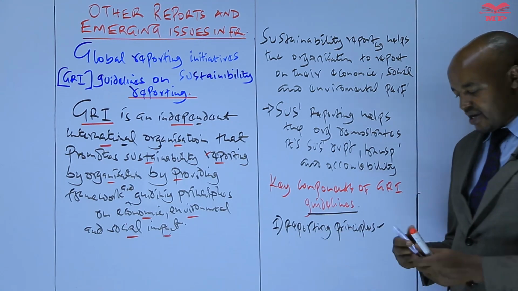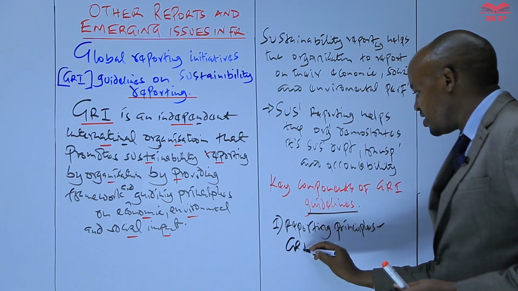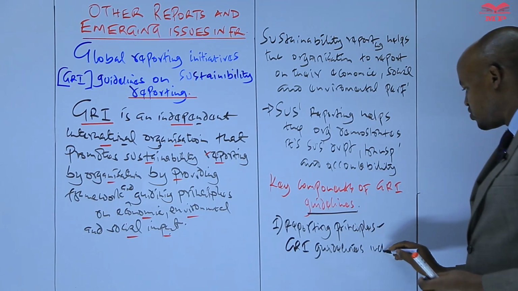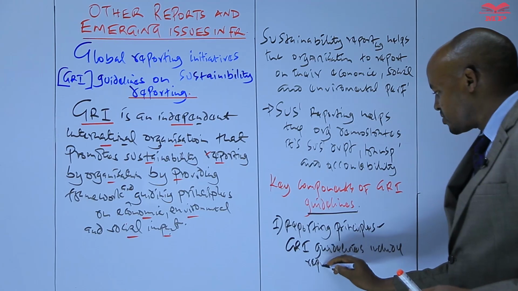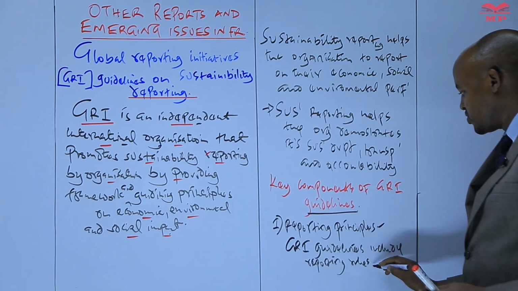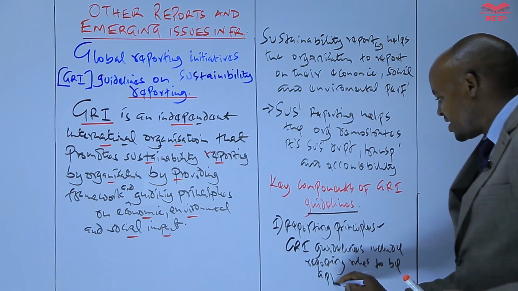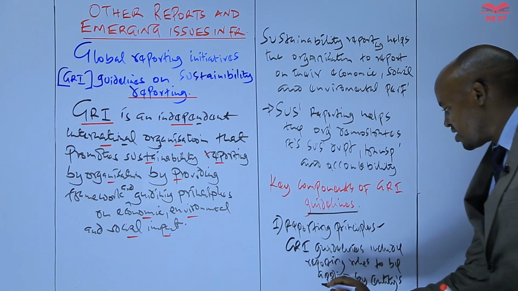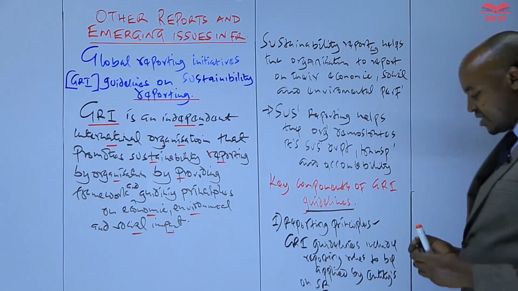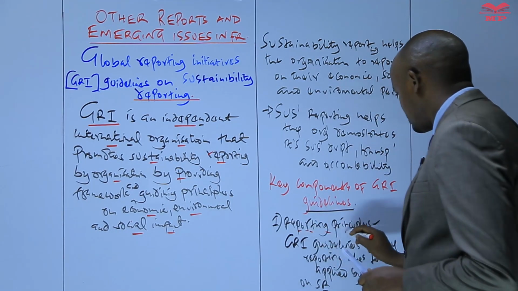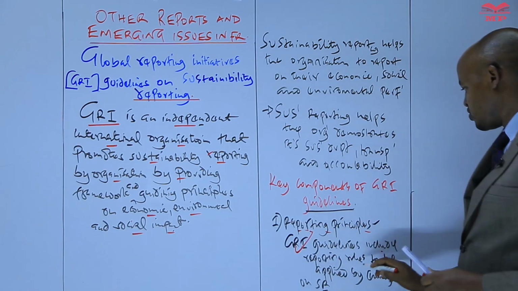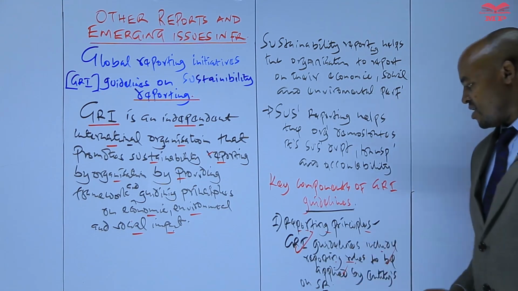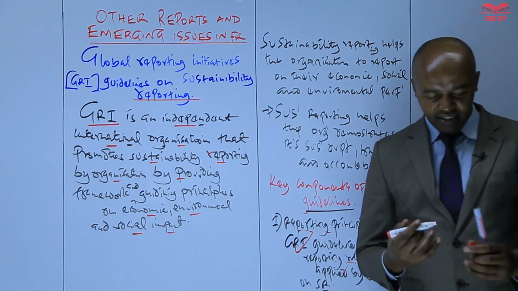So the guidelines include the reporting rules, the reporting principles to be applied by entities when undertaking sustainability reporting.